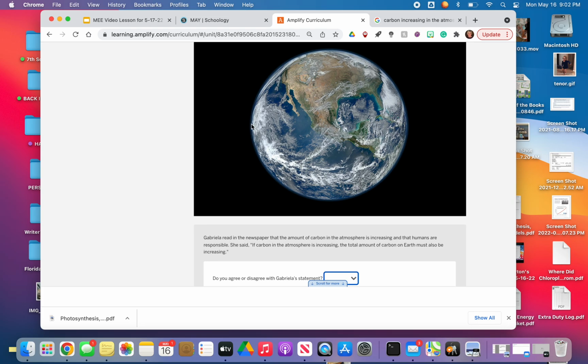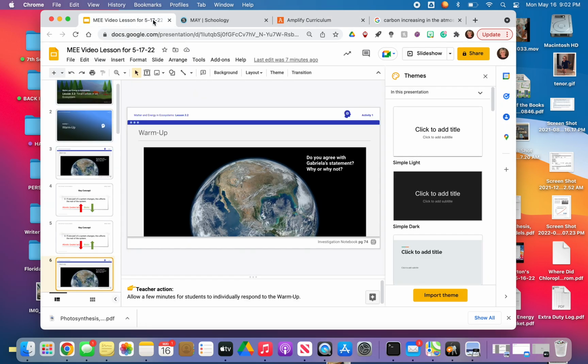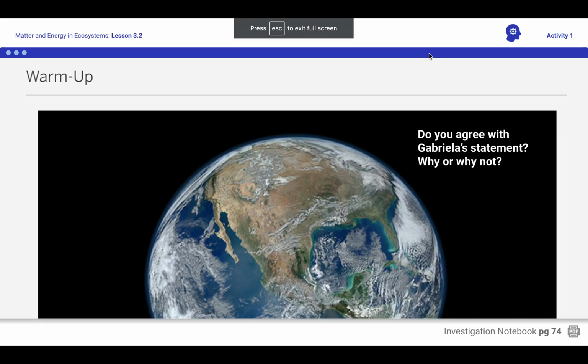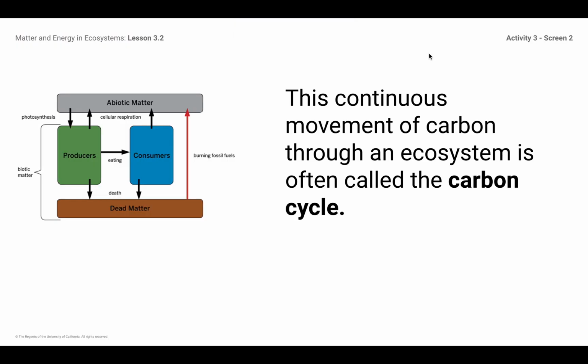But the bottom line is, Gabriella's argument, we need to decide if we've got some kind of a key concept that holds weight to that argument, in order to be able to understand what's called the carbon cycle. So let's go ahead and keep going in our slideshow, and then we're going to come back to this warm-up, and I want to talk to you guys a little bit more about it, okay?